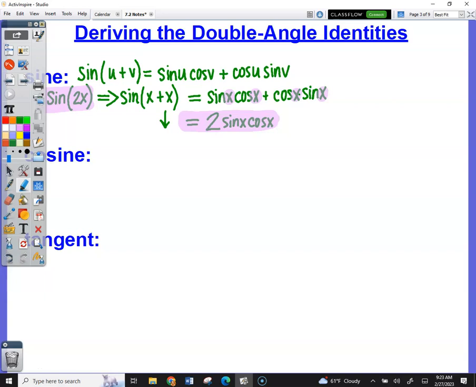Alright, now we can very quickly do cosine in the exact same manner. Copy the formula from 7-1 for the cosine of adding two angles together. So we're copying the formula from 7-1.